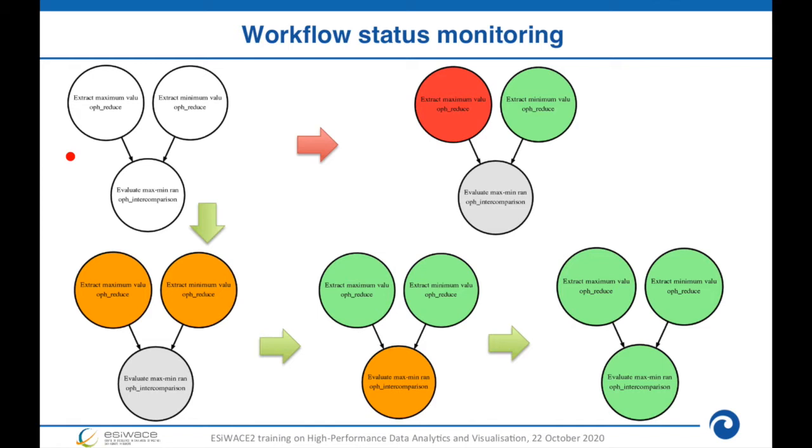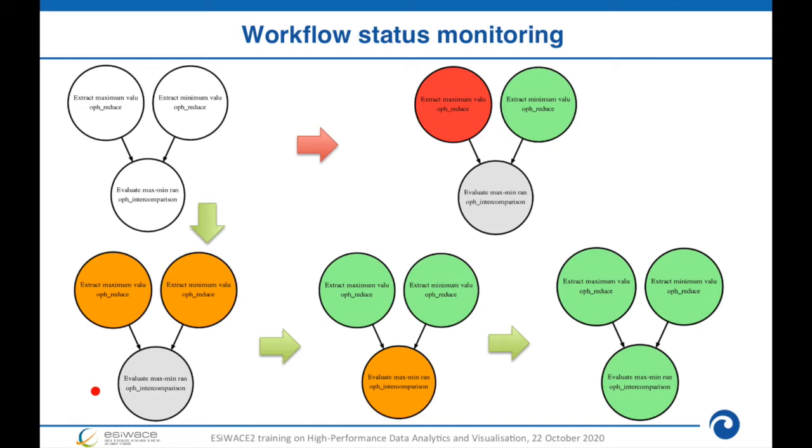So what can happen is that once we submit this for execution, the first state in which the tasks can be is the running state. These circles are colored with this orange color, whereas this third one is still in a state where it cannot be submitted, so it is colored in gray.